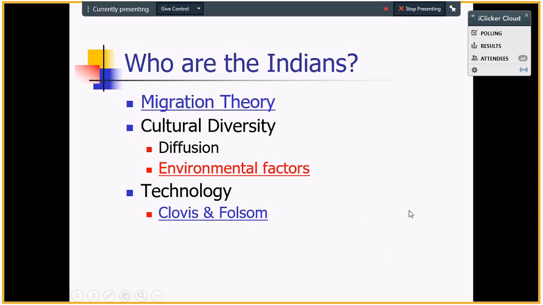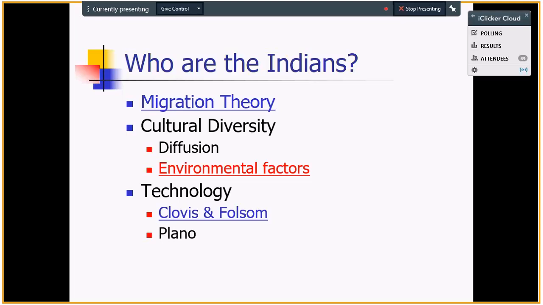Another set of technologies are known as the Plano technologies. Now, I don't think this has anything to do with Plano, Texas. These are cutting and grinding tools, along with digging tools. So stone knives and stone axes, stone shovels.